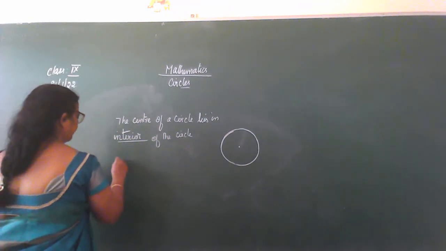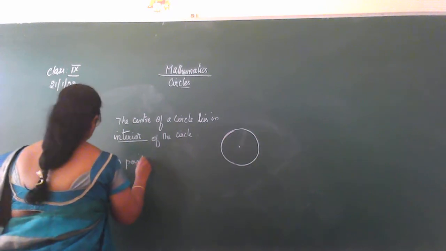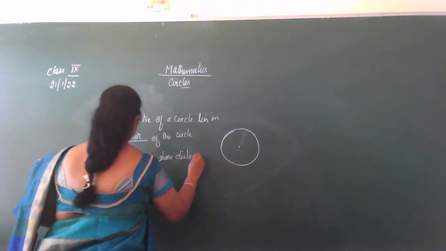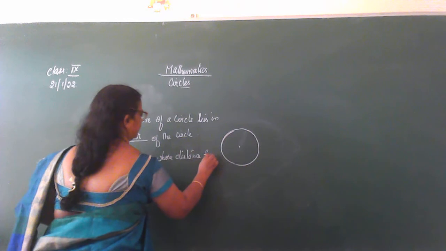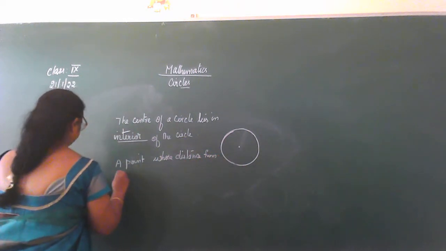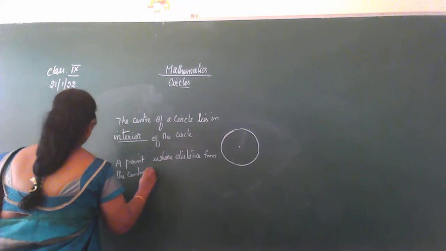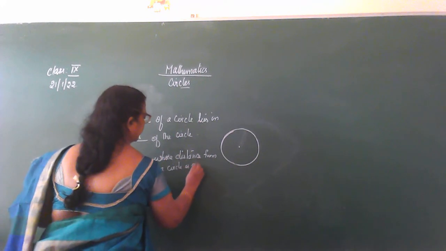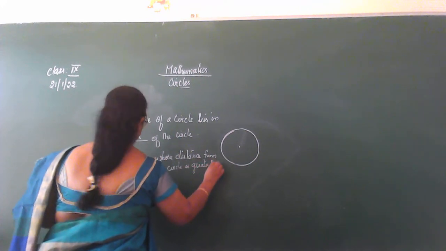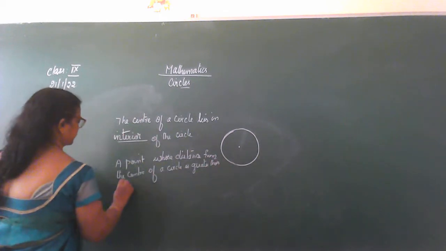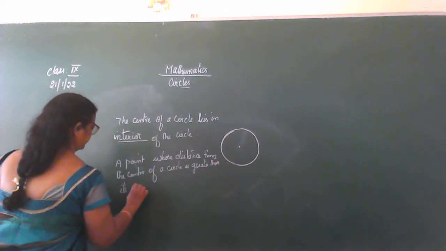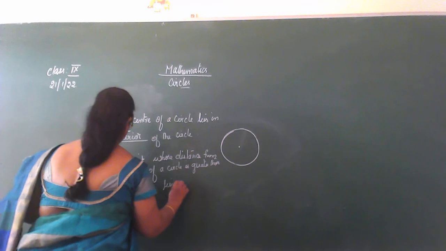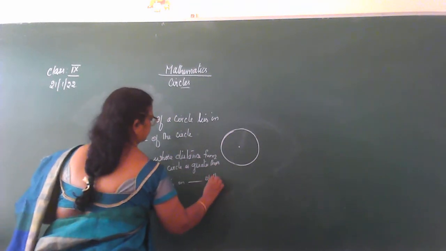Then, a point whose distance from the center of a circle is greater than its radius lies in dash of the circle.